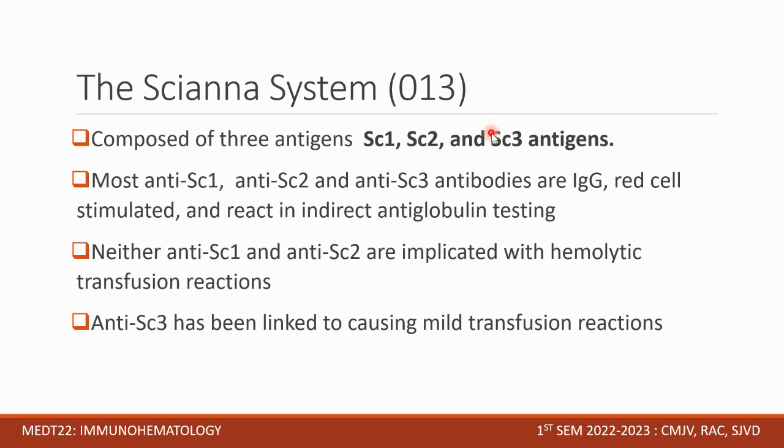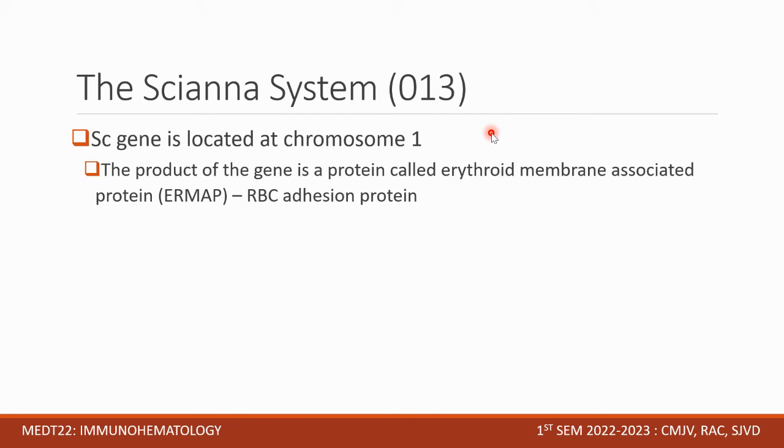However, si Sc3, siya yung nalilink sa mild transfusion reactions. So the Sc gene is located at chromosome 1. So the product of the gene is called erythroid membrane associated protein, or ERMAP, which is a RBC adhesion protein.